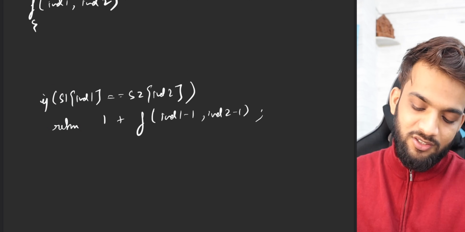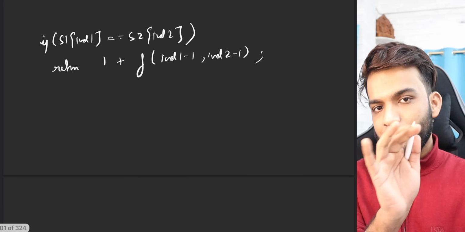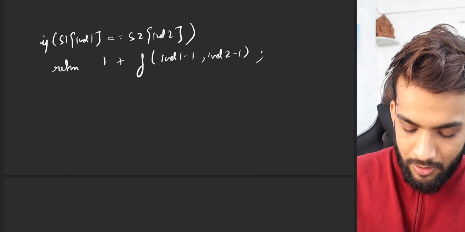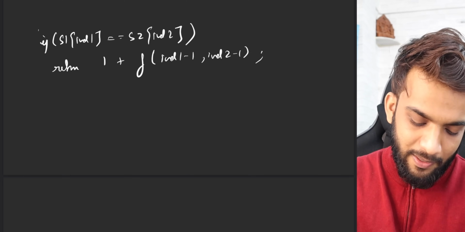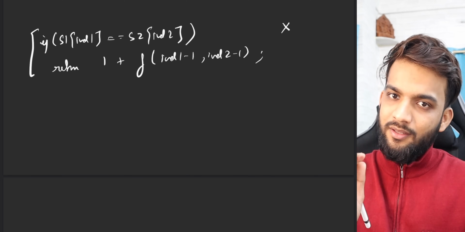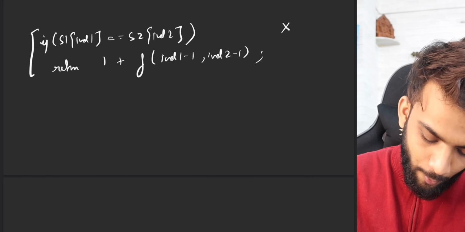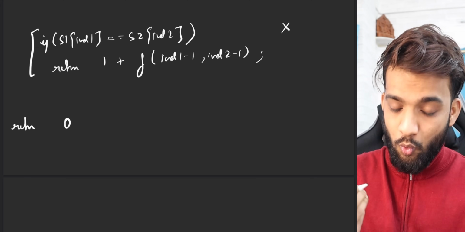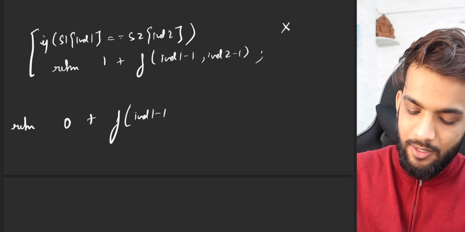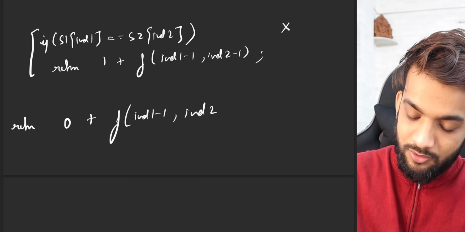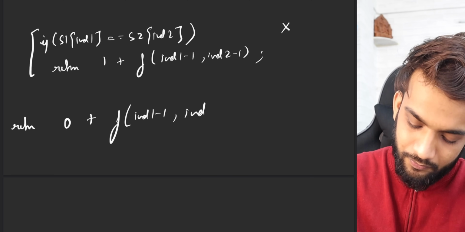So I'll write the next lines. The next lines will be very simple. If this is not happening, thereby no match, can I say the answer will be 0 plus I will move the index 1 by 1 and keep index 2 like this?